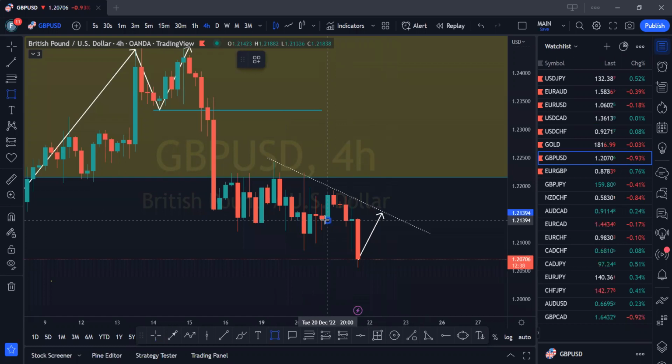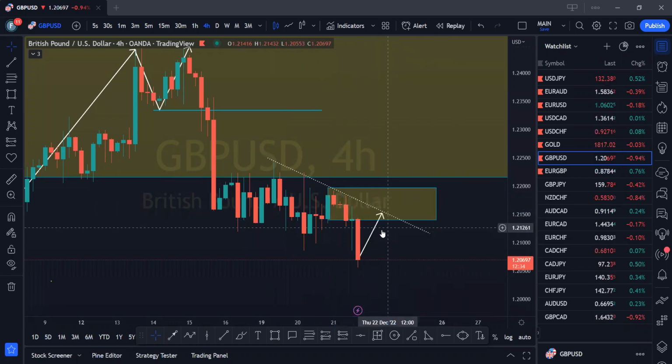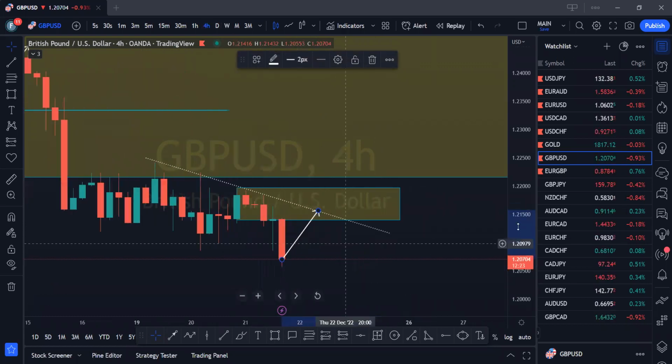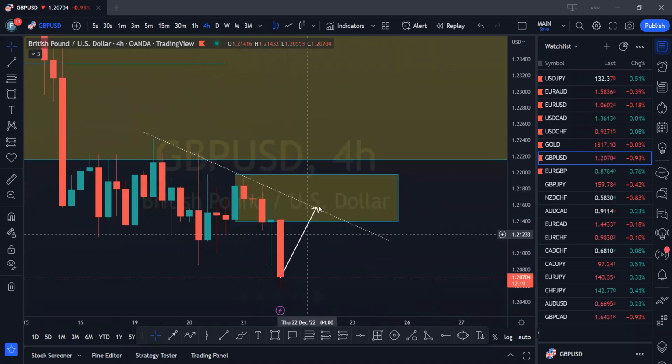So I wouldn't recommend selling in this zone, even though it's a value zone to sell, because this is a supply zone, but I wouldn't really recommend it, right? I would only recommend you sell after liquidity is taken. This is a 4 hours supply zone. So if you take entry when price retraces into this zone, you want to go to a lower time frame like your 5 minutes or 15 minutes chart, and always be very, very patient.